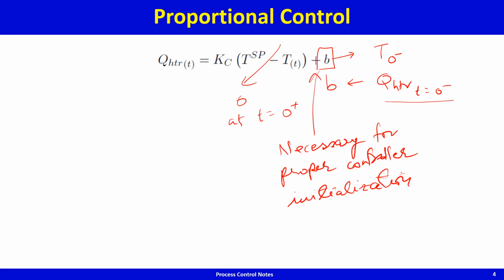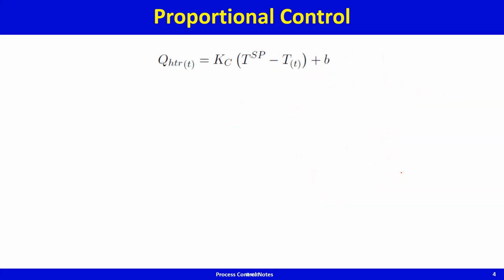An operator will switch on a controller, let the controller do its job, then he'll say, oh no, let me run it myself, switch off the controller, do his own things, and then switch it back on. These things are routinely done. Proper initialization of the controller requires that the bias term be there, and this bias term needs to initialize to whatever is the value of the manipulated variable when the controller got switched on. Okay. So this is the control law, proportional control law.